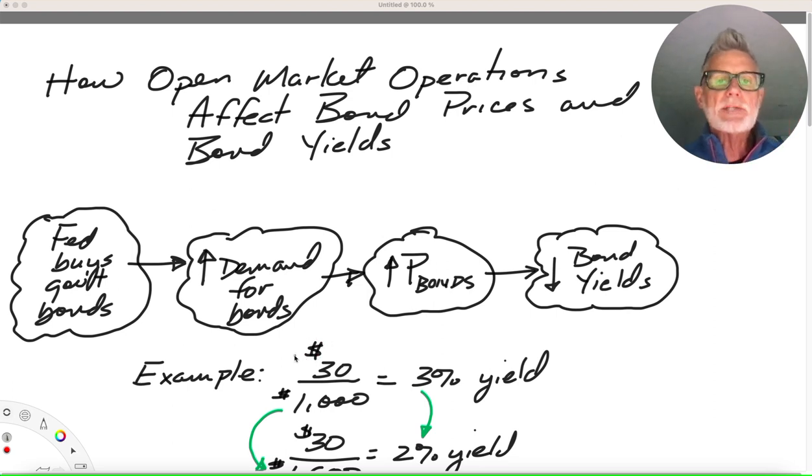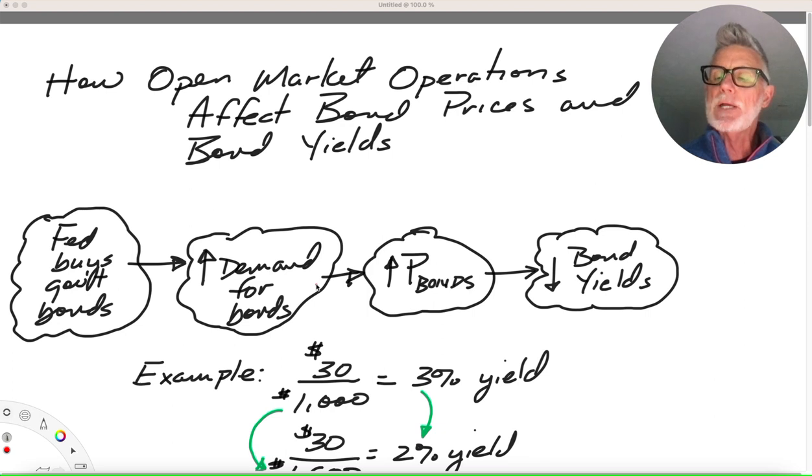In the last video, we took a look at how the Fed conducts open market operations, and we learned that the Fed buys and sells government bonds in the secondary or open bond market. By the way, this is Unit 3, Topic 2 in the Course E workbook.